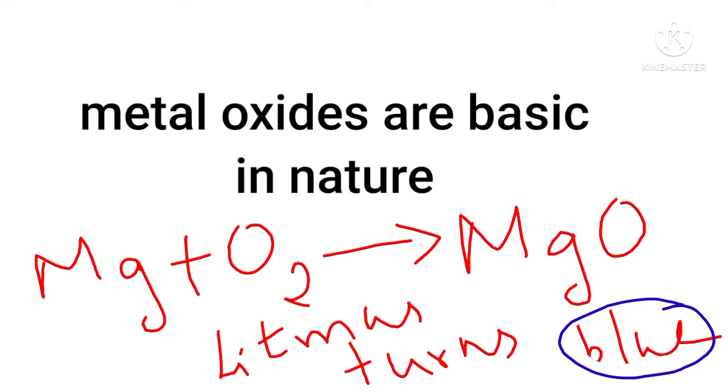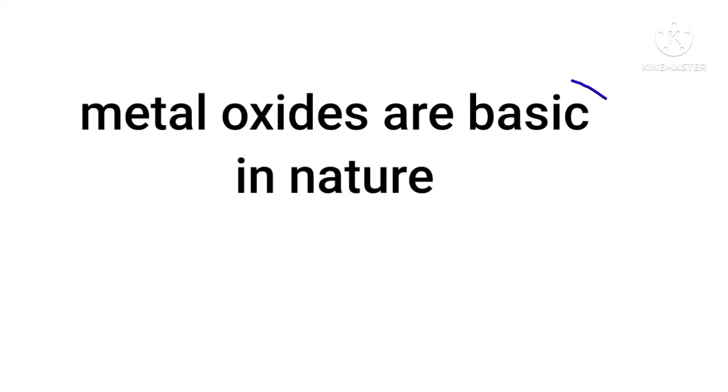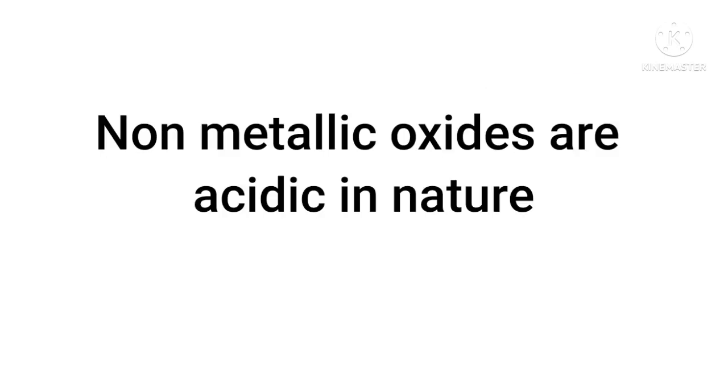What is the nature of metallic oxides? Metallic oxides are basic in nature. What about non-metallic oxides? Non-metallic oxides are acidic in nature. We have an activity to show this. Take sulfur powder and burn it in the presence of oxygen.